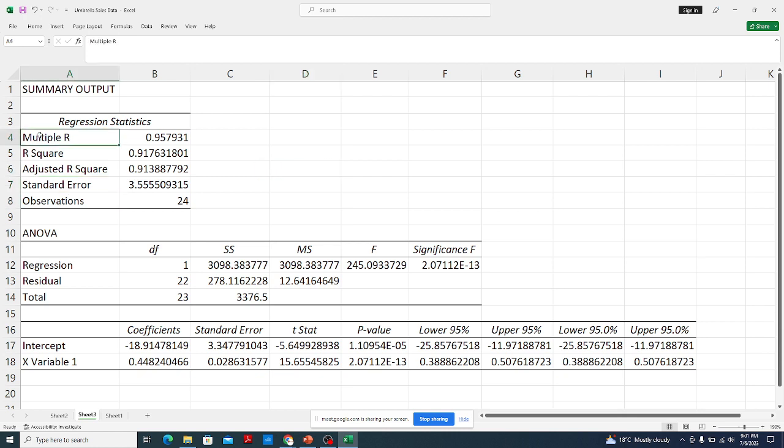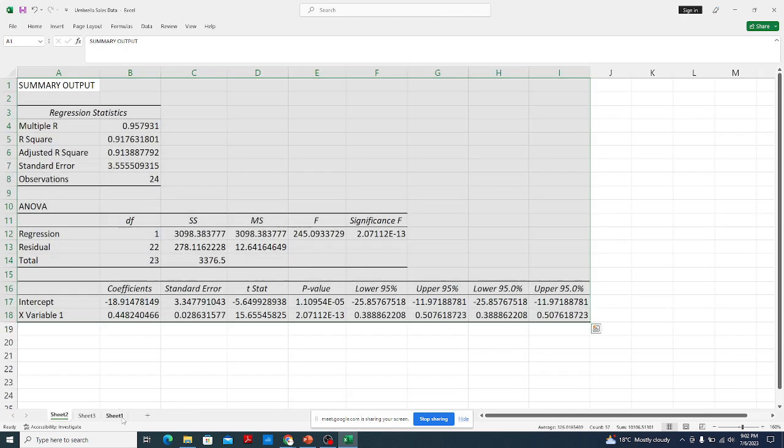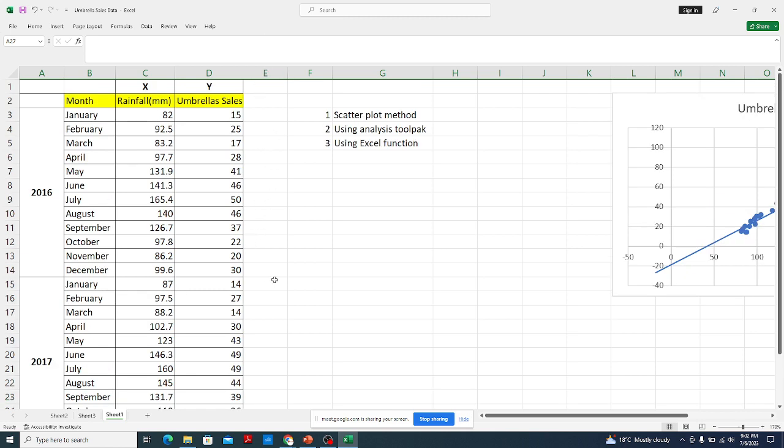For multiple R, remember while we were talking about correlation, I said that another name, when it comes to analysis, for the coefficient of correlation is multiple R. So basically this is our correlation. And as you can see, it is the same value which we got when we were computing correlation.